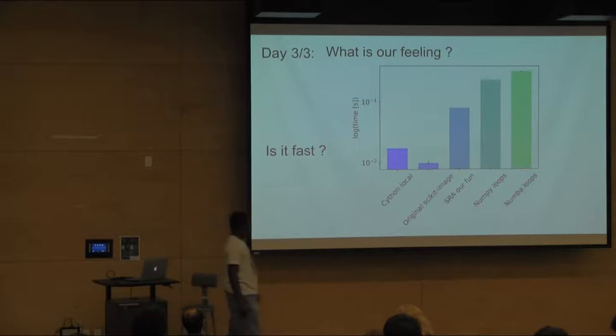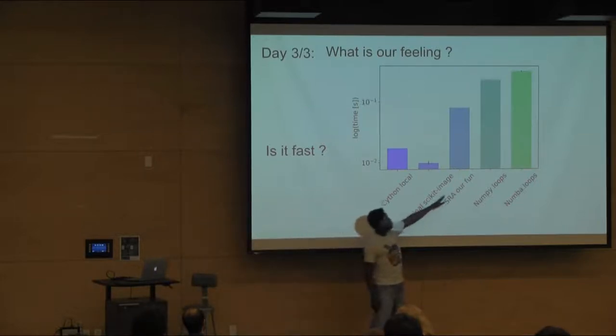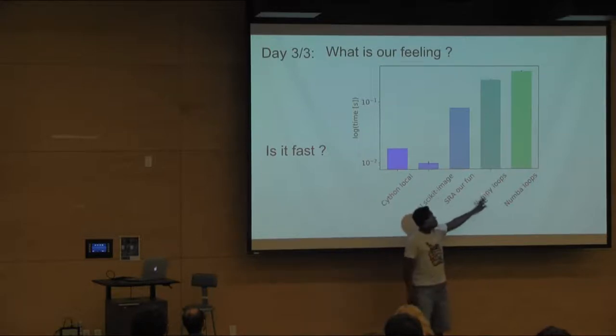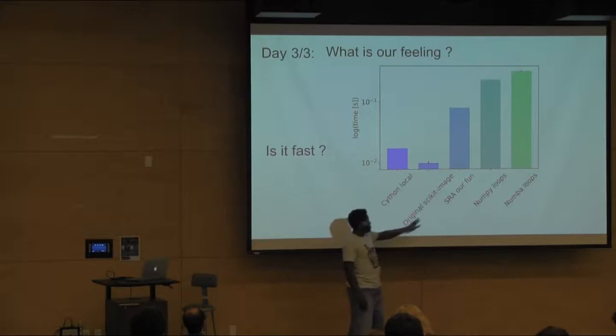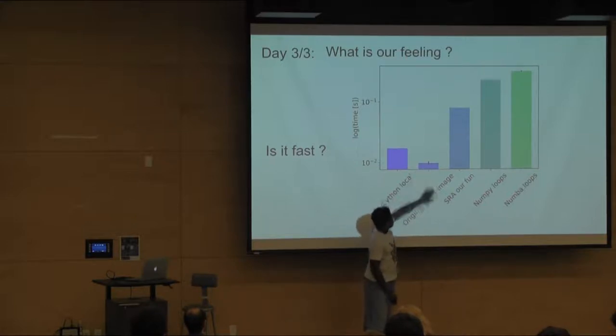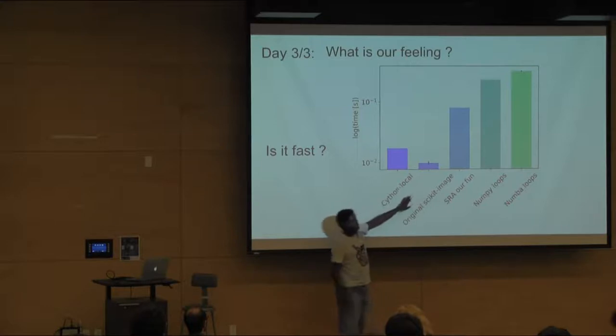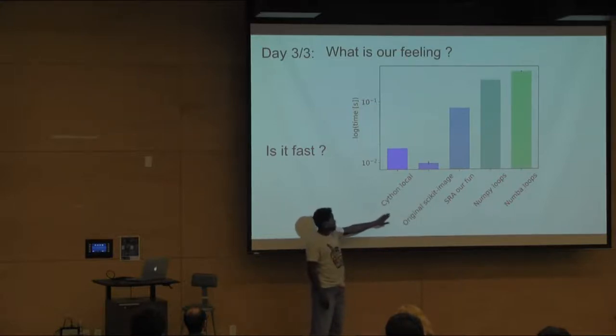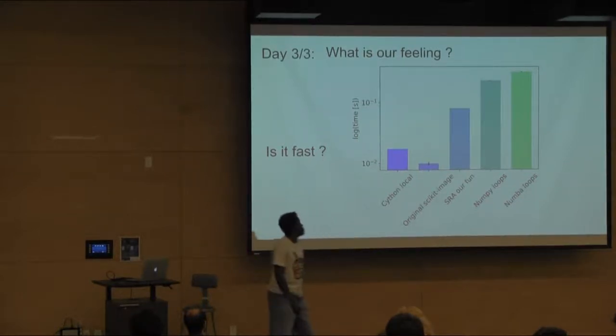We saw that our implementation in pure Python is really faster, about 4, 5, 6 times faster than the NumPy loops. The original scikit-image is really fast, but the only reason it's so fast is because they approximate the exponential function in C. Since we are calling the exponential 10,000 times, for sure we are really slow.